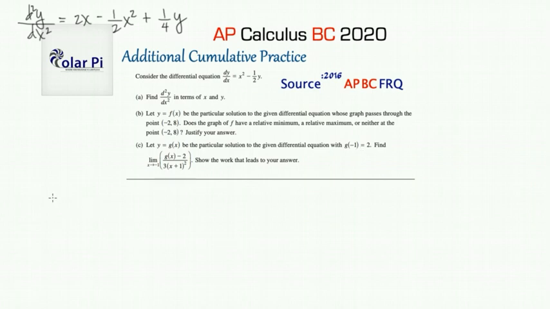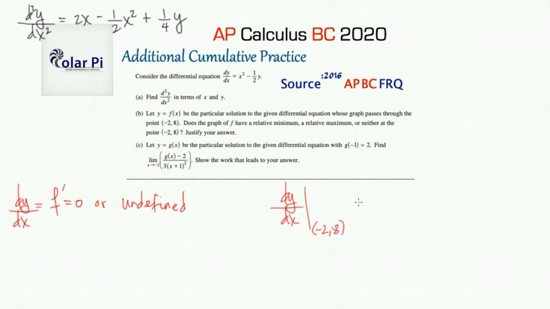First, remember from what we've said so far, to establish if it's a local max or min, we need f prime to equal 0 or be undefined. But since f prime here, which is dy/dx, does not have a denominator, we know it's defined everywhere, so we just need to see if (-2, 8) is going to make it 0. So we evaluate dy/dx at the point (-2, 8).